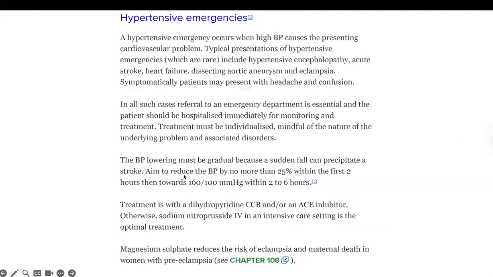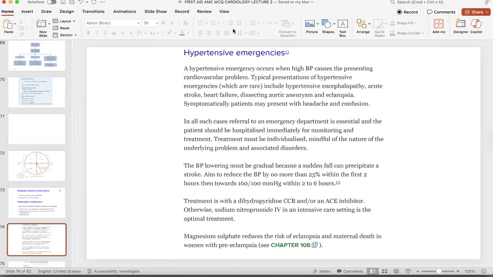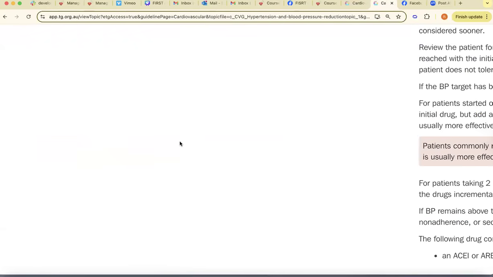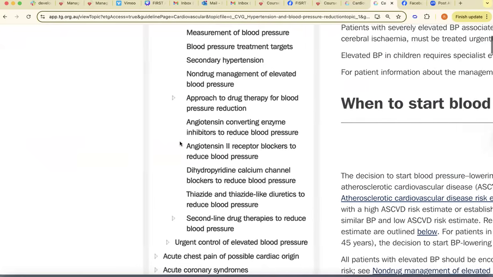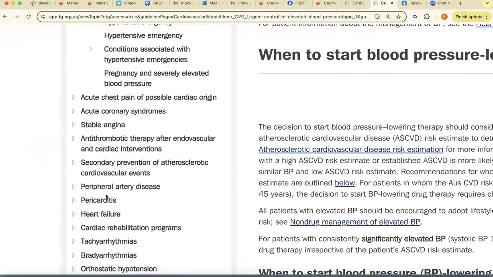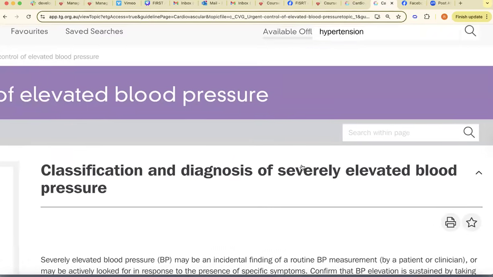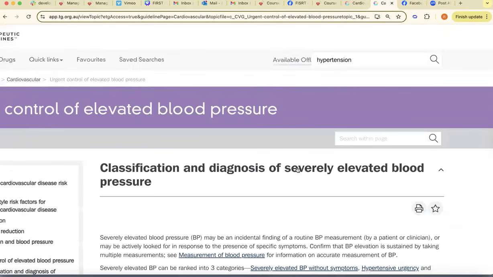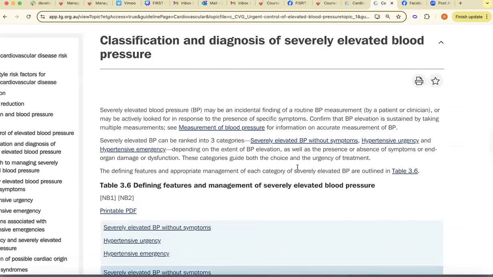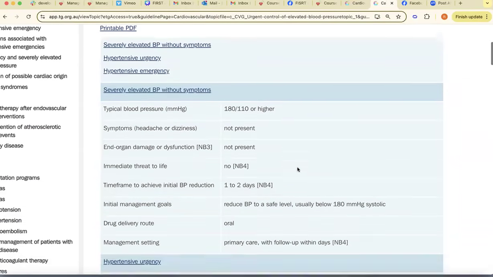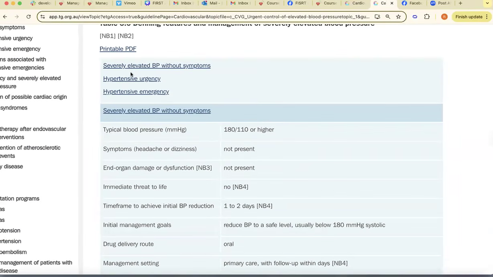Okay? The only other thing in hypertension is hypertensive emergencies, how to manage them. So let's discuss that. We divide severely elevated blood pressure into different parts. Severely elevated BP without any symptom means the patient's blood pressure is above 180 over 110.